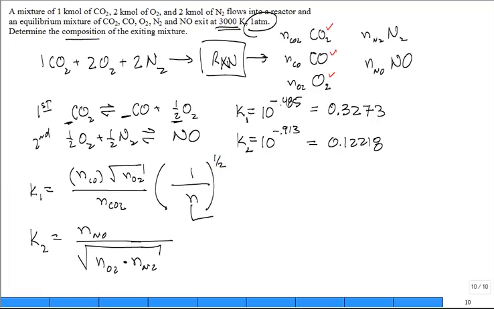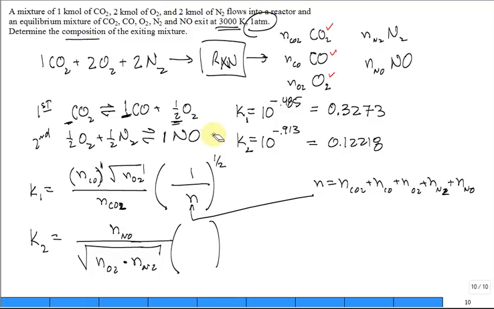Yeah, this N right here is going to be the number of CO2 plus the number of CO plus the number of O2 plus the number of N2 plus the number of NO. So I don't know any of those 5, hence I don't know N either. Well, when you look at this exponent up here, it's 1 minus 1/2 minus 1/2. It's 0. Hence, all of this is just 1. So that simplifies the second equation. But you're still left with a nasty equation.